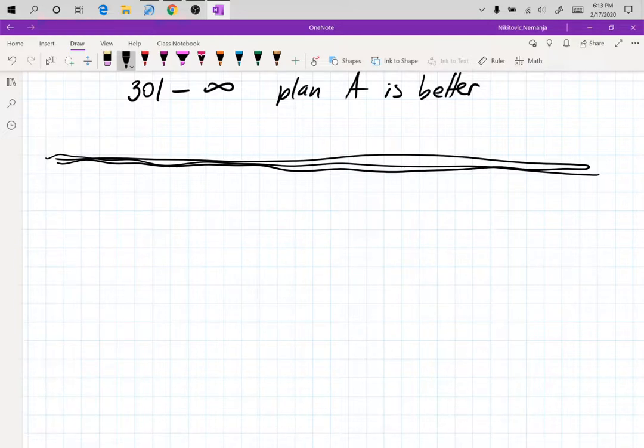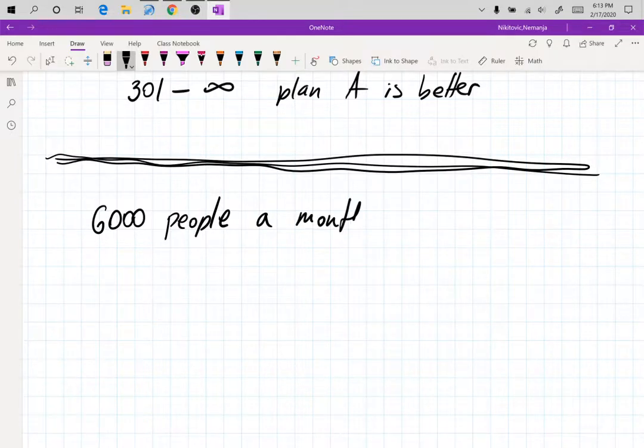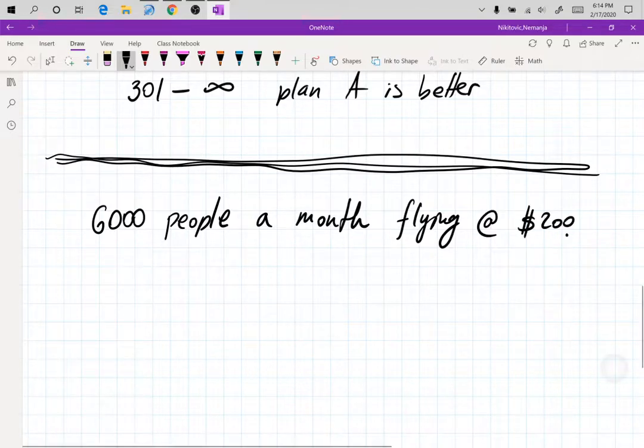So we have 6,000 people a month flying at 200 per ticket.